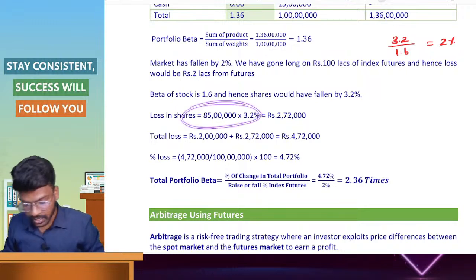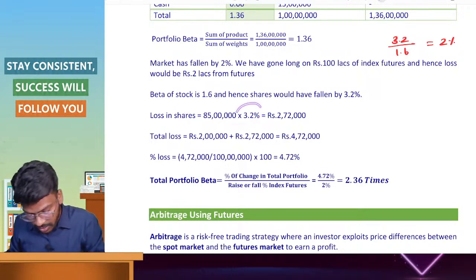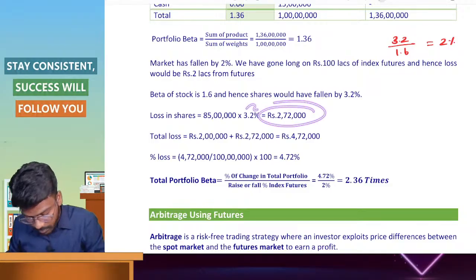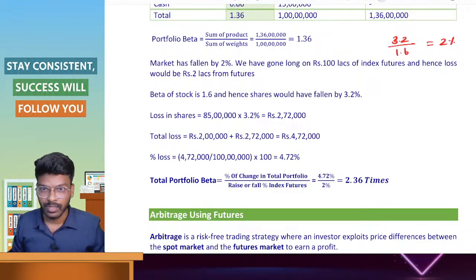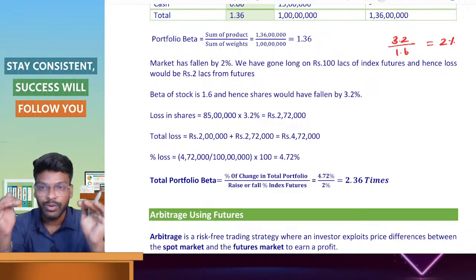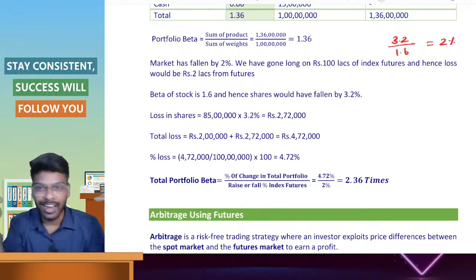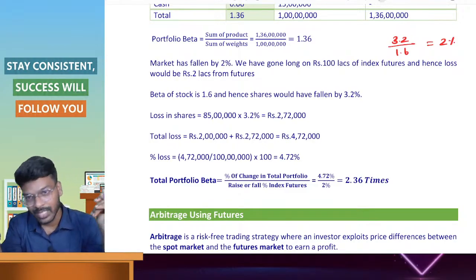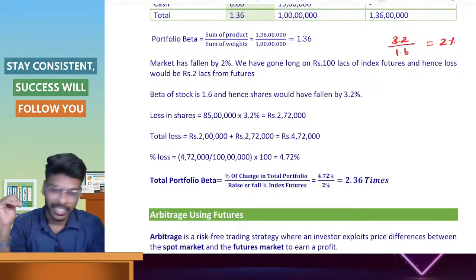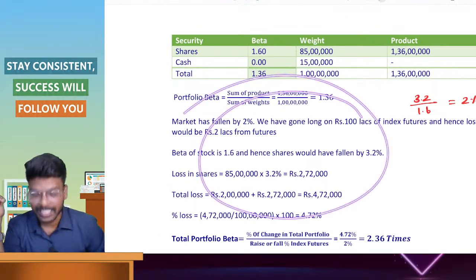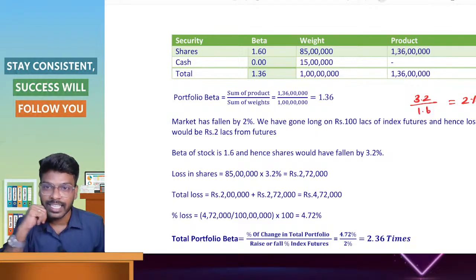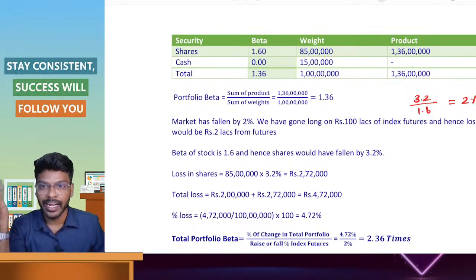85 lakhs multiplied with 3.2 percentage will give you the loss in shares also. I have told you now, there can be a gain or a loss. In case of short position, you will go for hedging. Actually, he is not hedging in this example. He has taken the same position in the market.